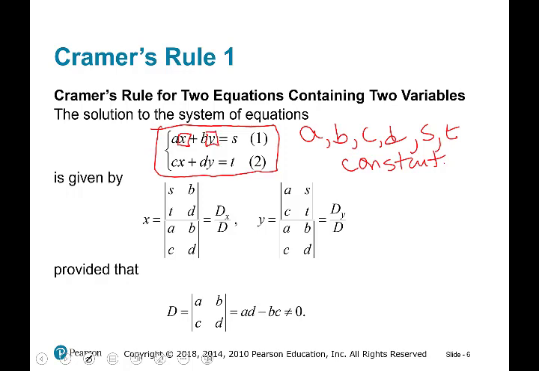Okay, so the solution of this system is going to be the value for X is going to be the determinant of X. Okay, so what is the determinant of X? Notice that here we have the values of S and T, which is the right hand side values, and here we have B and D, right? So this is Y. That's the way you set it up.